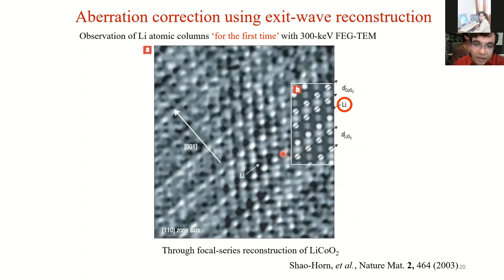But still, the difficulty is to see the oxygen atoms. You cannot see the oxygen atoms very clearly, but here there are some oxygen atoms you can see. In this image, it's quite difficult to locate the oxygen atoms and also lithium atoms.